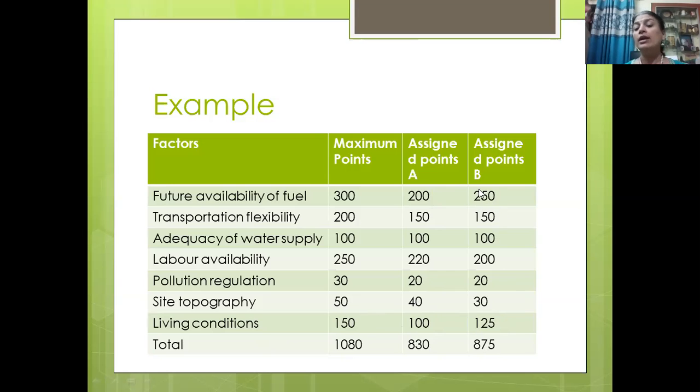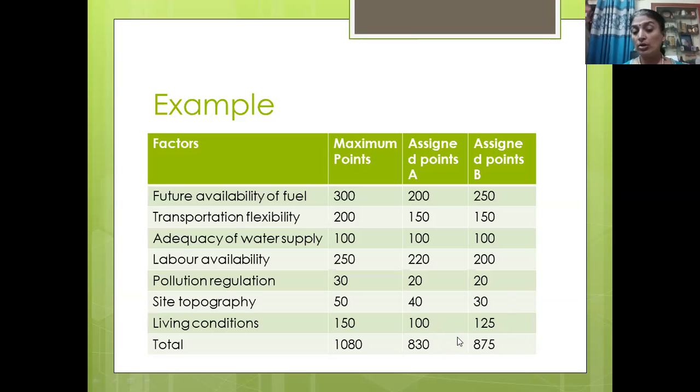Then we have to take the total of it. So how much score has location A earned? The total we have to take, that is 830. And how much score for location B? We have taken the total, it is 875. Now you compare these two, which is the better one, 830, 875. 875 is more than 830.